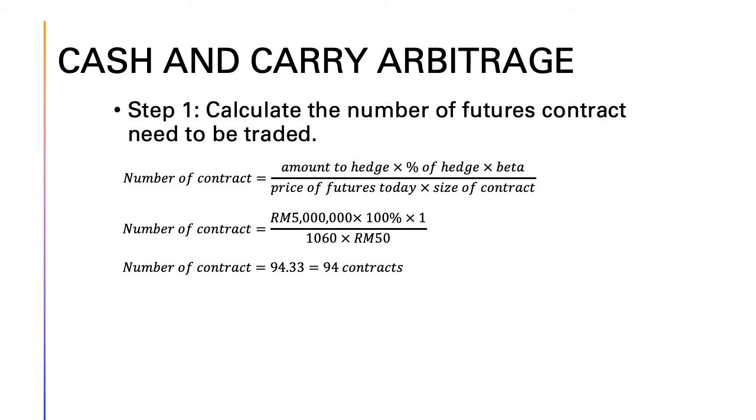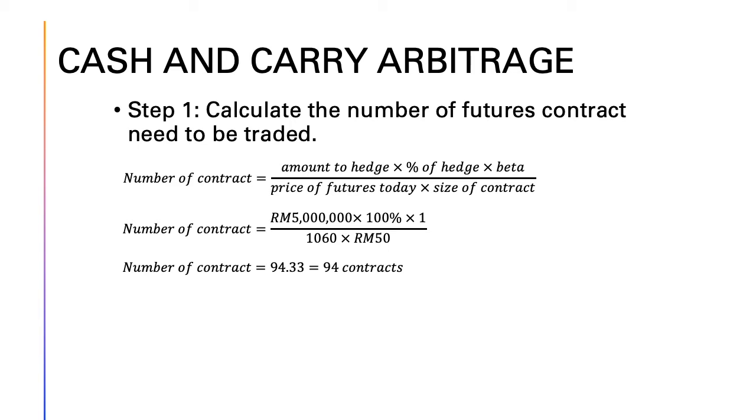Step number 1, you need to calculate the number of futures contract needs to be traded. The formula of number of futures contract for FKLI is equal to amount to H times percentage of H times beta divided by futures price today times size of contract. So amount to H is 5 million in this case, times percentage of H is not given in the question, so we assume 100%.